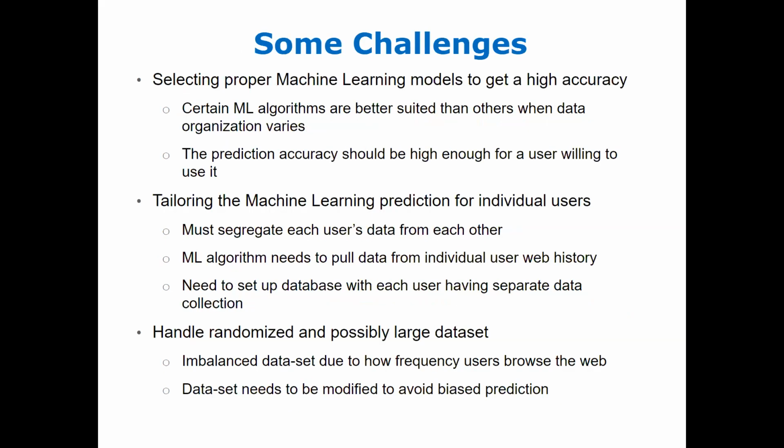So some challenges I had with creating this program was selecting the proper machine learning algorithm to consistently return the correct result. There were certain machine learning algorithms that were better suited to the challenge than others. For example, I used the Python machine learning algorithms such as SVM, gradient boosting classifier, and random forest classifier.